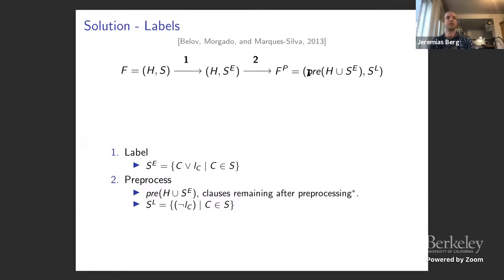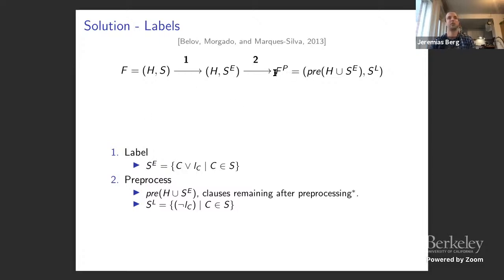And then you run it for as long as you want to, either to fixed point or not, and output whatever clauses remain. And then you say, these are my new hard clauses. So whatever remains after preprocessing are the hard clauses. And as soft clauses, you take a unit negation of each of the label variables that you added in the first step.